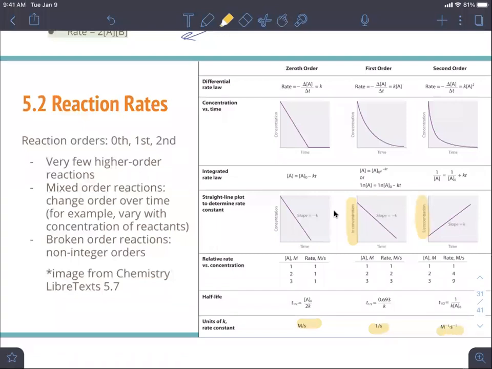You don't need to memorize the units, but if you get a question with different units and you know the reaction is 0th, 1st, or 2nd order, you might be able to eliminate some options based on the units of K. As long as you have the rate law and you've tracked the units, you can always find the units of K, or you can just memorize them. Either way is fine.